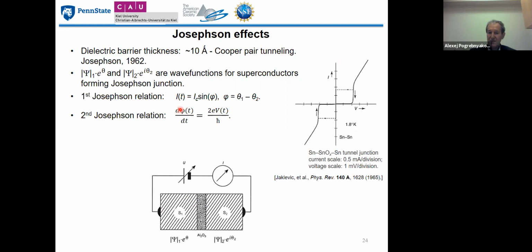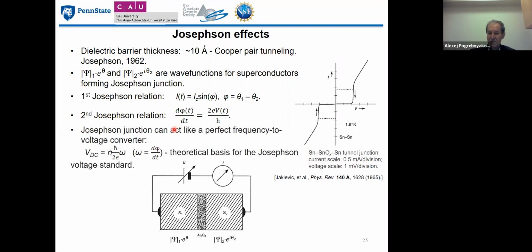These effects are widely used in applications. For example, this second Josephson effect is used in frequency to voltage converters and in voltage standards.